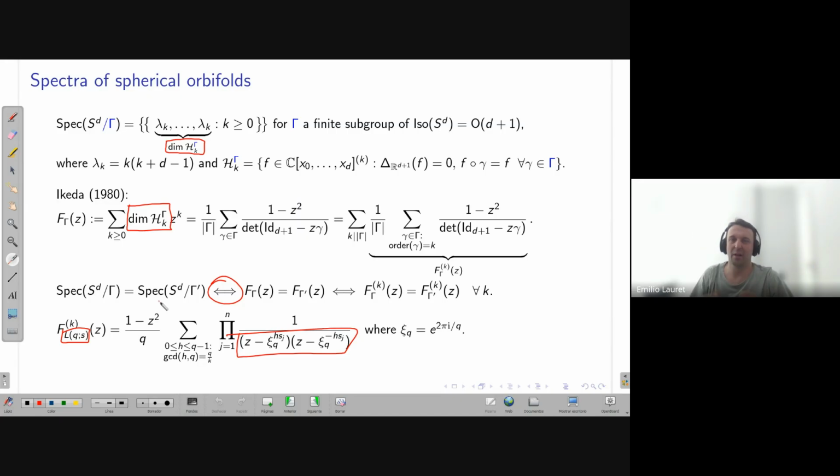Here is probably a personal opinion. At the beginning, people thought that the spectral information, the sound of a Riemannian manifold or the drum, could say a lot about the shape of the Riemannian manifold.